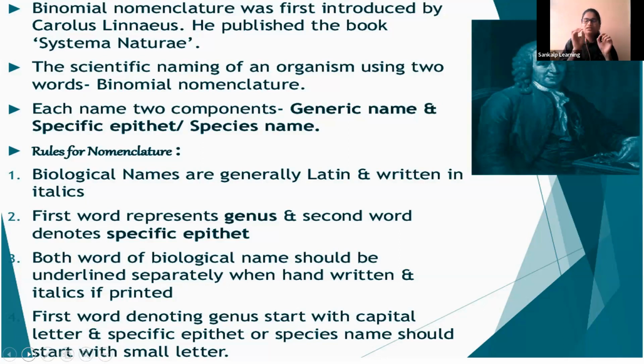While typing, the scientific name should be in italics, and the first letter of the genus name should be capital. The first letter of a species name should be in lower case. So this is regarding binomial nomenclature and rules.